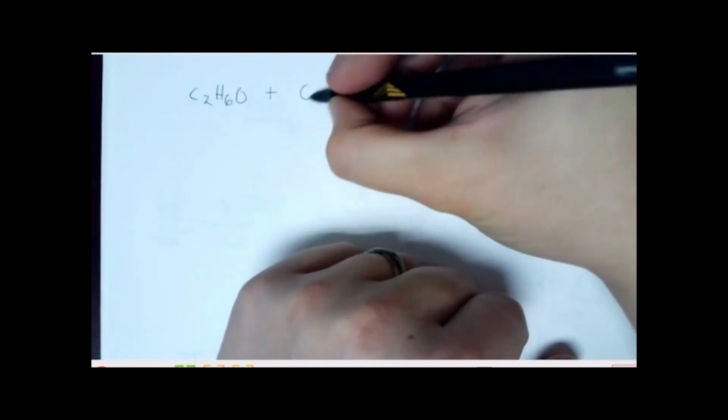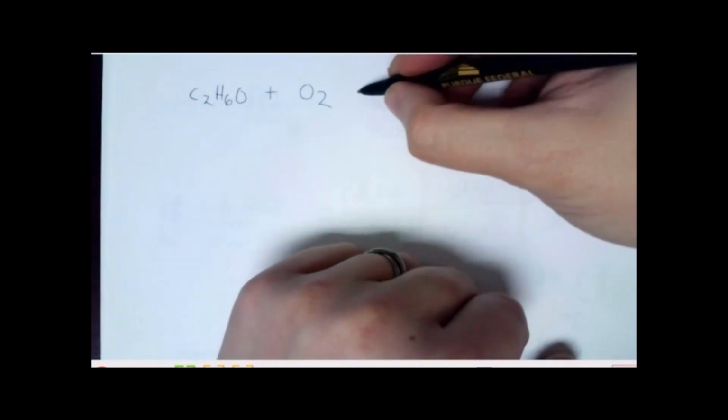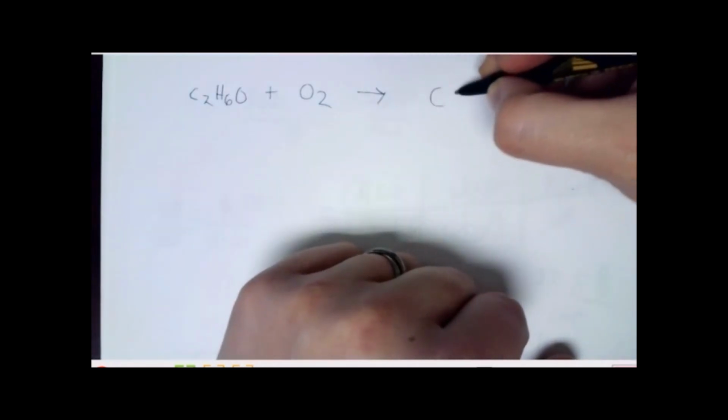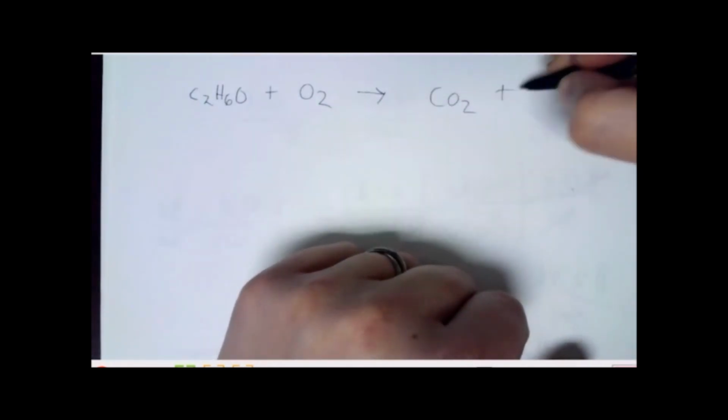Before we can actually measure atoms, we need to recall what it means to be a balanced chemical equation. Let's look at some simple guys, like ethanol, C2H6O. The combustion of ethanol in the presence of oxygen will produce the byproducts CO2 and H2O.